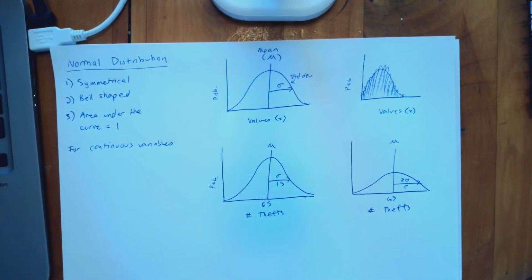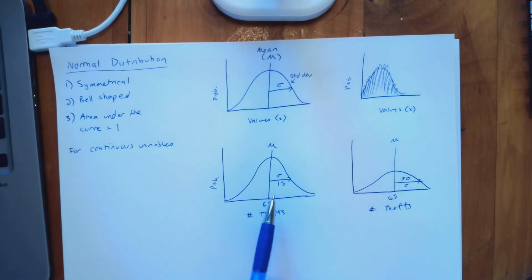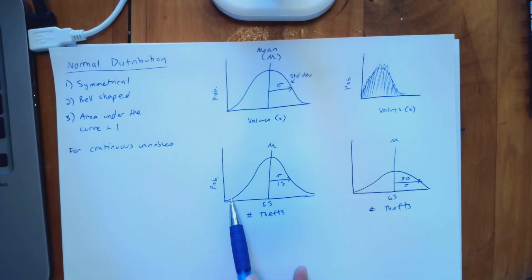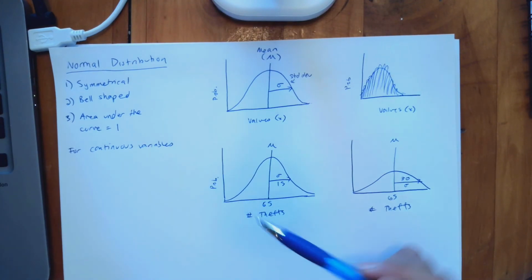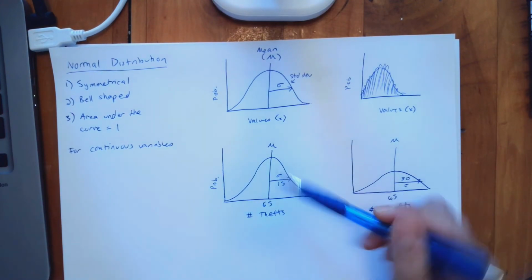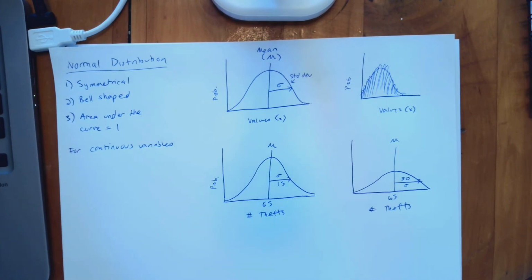So in the case of the normal distribution here, when we have a lower standard deviation of 15 in this first graph here, it shows that most of the probabilities are clumped around the mean. So it's unlikely that you're going to have much more than 65 thefts or much fewer than 65 thefts, because most of our values and most of our area in the graph is centered around 65.